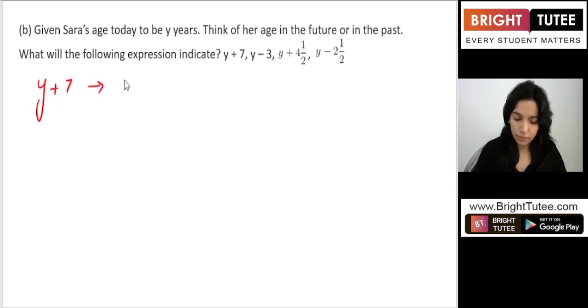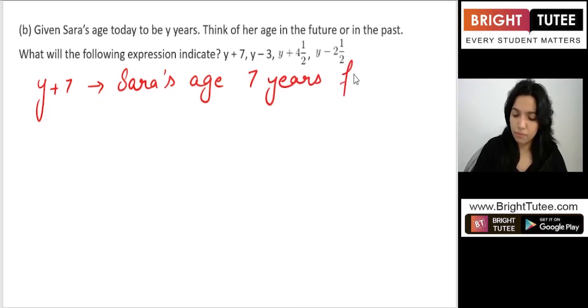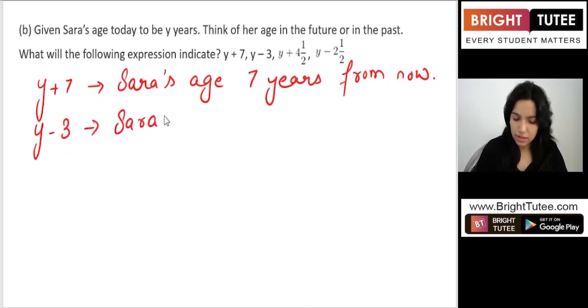This is probably Sarah's age 7 years from now. Is that right? Now what is Y minus 3? So this Y minus 3 is Sarah's age 3 years ago.